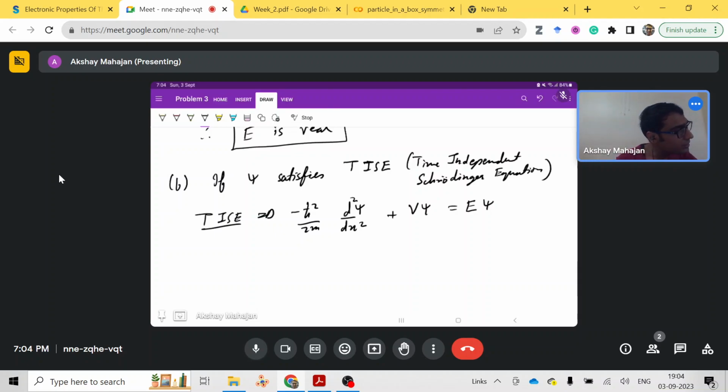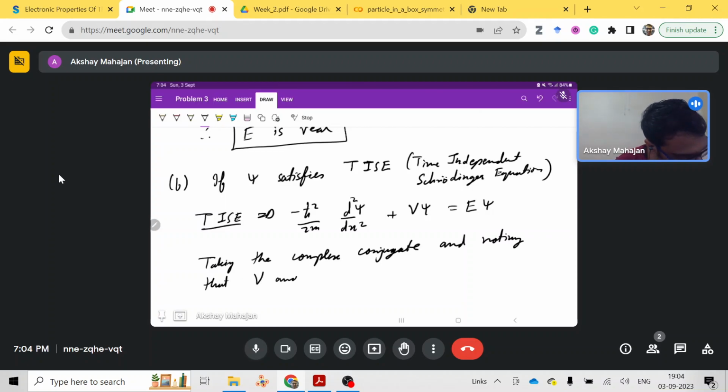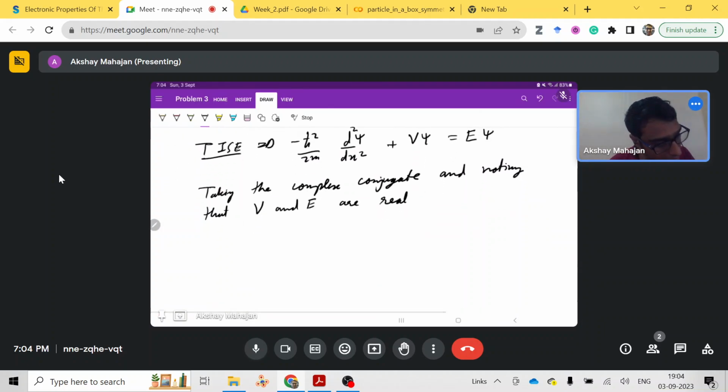taking the complex conjugate, it satisfies this equation. We note that V and E are real, so what we get is minus h bar square by 2m d square psi star by dx square plus V psi star equals E times psi star.